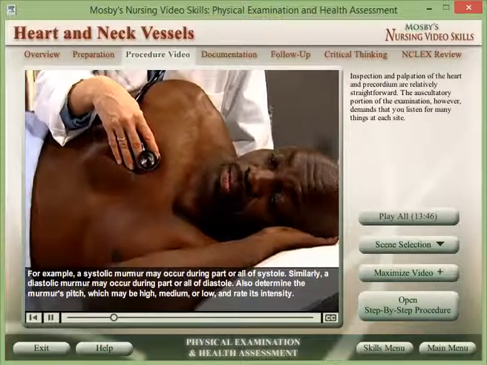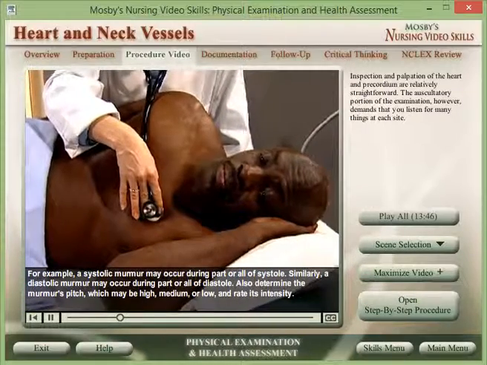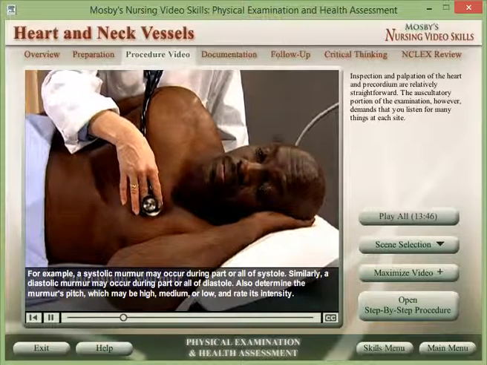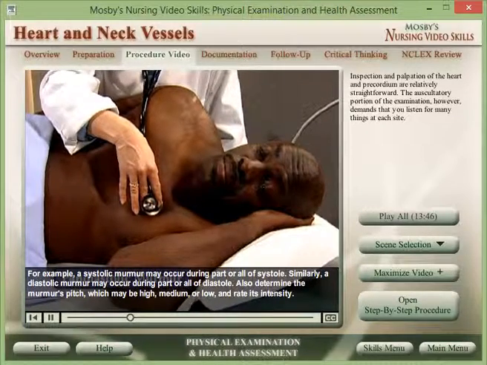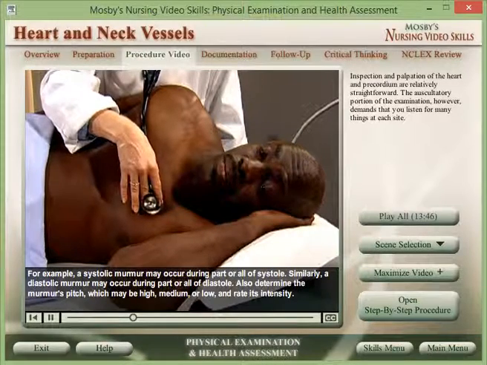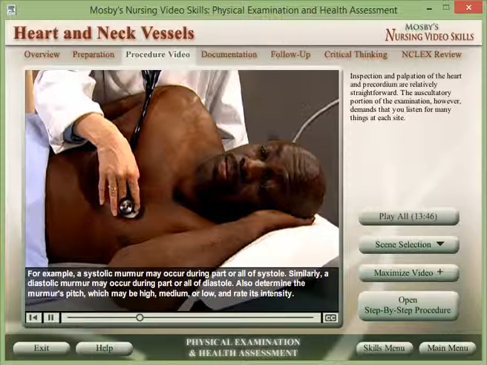Similarly, a diastolic murmur may occur during part or all of diastole. Also determine the murmur's pitch, which may be high, medium, or low.